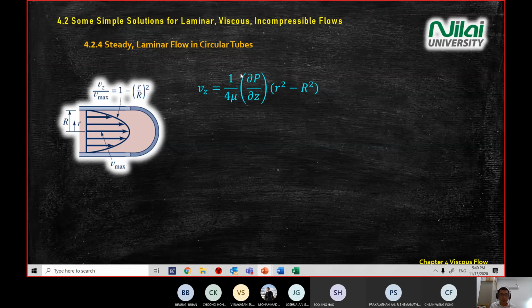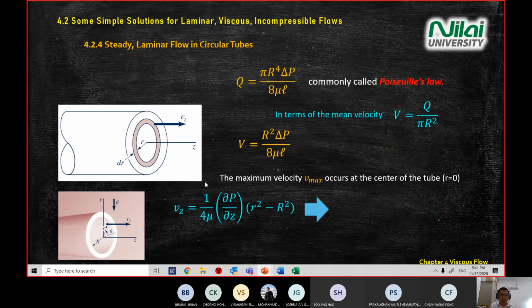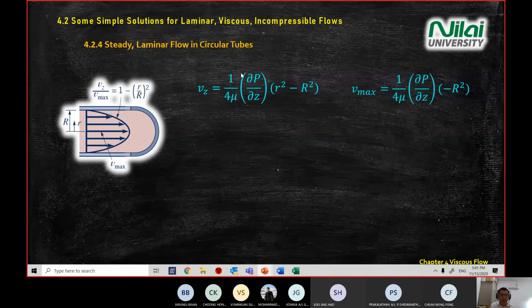Just now for circular tubes, we have our velocity profile, our parabolic equation. You look back at the previous slides, you will have this one. And we add a Umax at the center here. You have this equation because R equals 0. So if you get the ratio between Vz divided by Vmax, you take this equation, divide by this equation, and you simplify the mathematical model because the constant value at the front is the same.